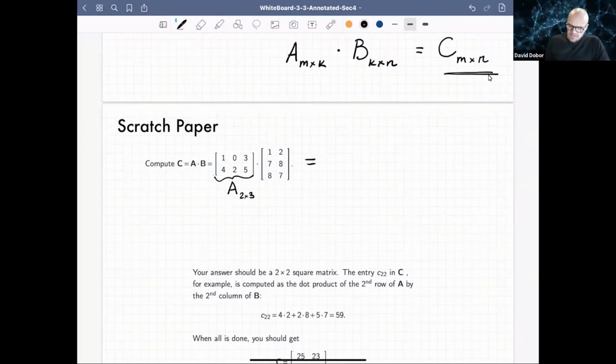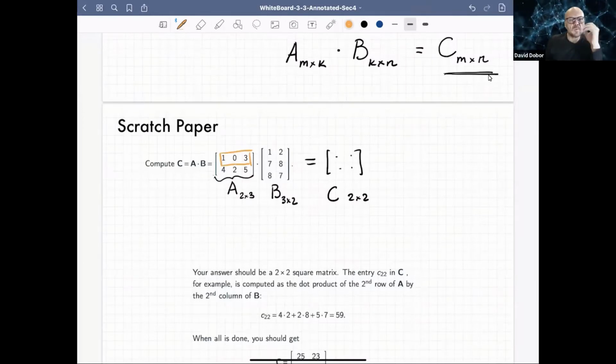Here's the resulting matrix, because I'm multiplying a 2 by 3 by a 3 by 2, it is going to be a 2 by 2 matrix C. It will have these 4 entries, and each of those is computed in a particular way: the dot product of vectors. A vector is the generic term that we use to refer to either rows or columns of the matrix.